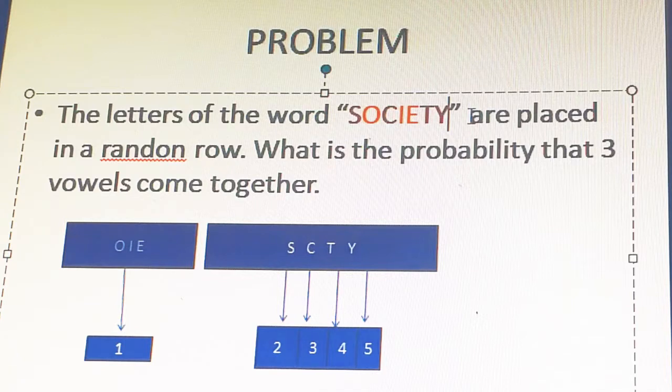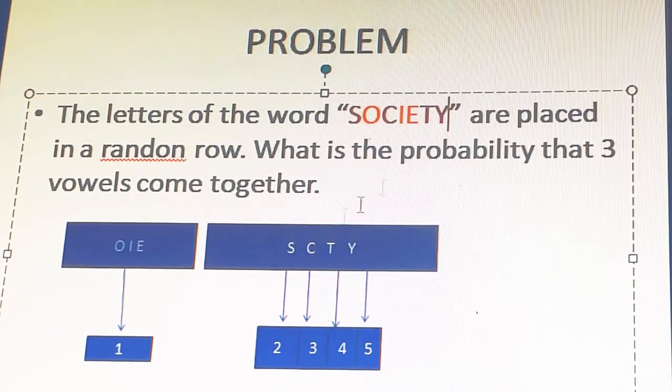So here none of the letters are repeated, so we'll follow the technique we know: without restriction and with restriction. We already discussed that in the previous class. Here the word is SOCIETY, and none of the letters are repeated.